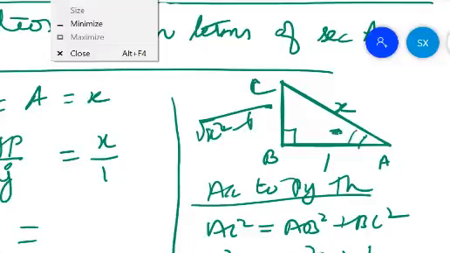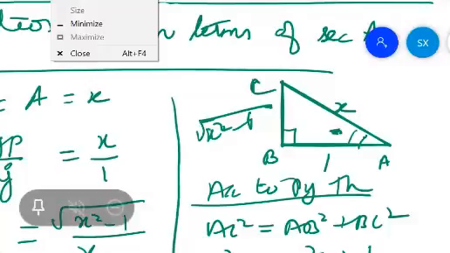This is A. This is opposite to A. Square root of x square minus 1 divided by x. So I should not leave it in terms of x. I want it in terms of secant, not x. So what will I write? Square root of secant square A minus 1 divided by secant A.